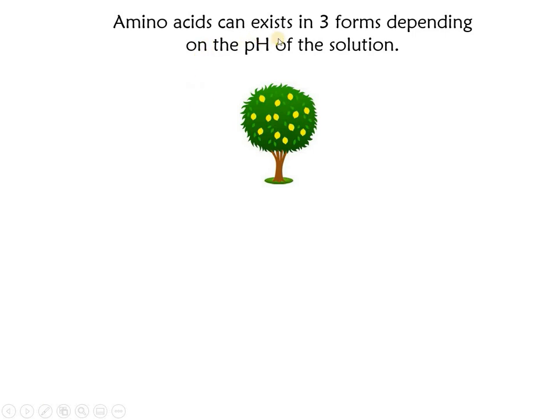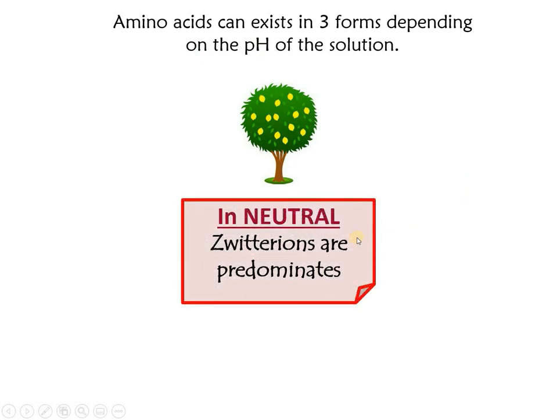So amino acid can exist in three forms depending on the pH of the solution. In neutral, zwitterions are predominant, which is the structure that will have two charges here, the negative charge at the COO and the positive charge at the NH3.